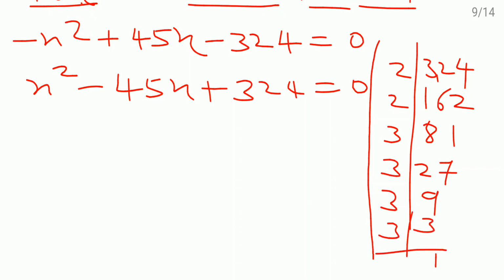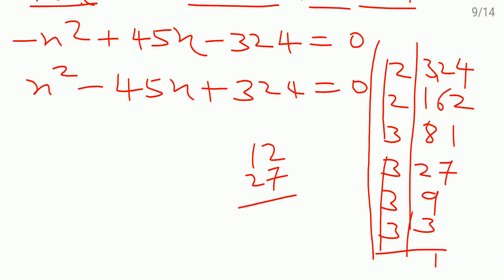Now here we'll group these factors and we'll get two numbers whose sum is minus 45 and whose product is 324. Right? So here we'll just check. If I take this 3 and this 3, what happens here? 27 and 3 fours are 12. 12 and 27.